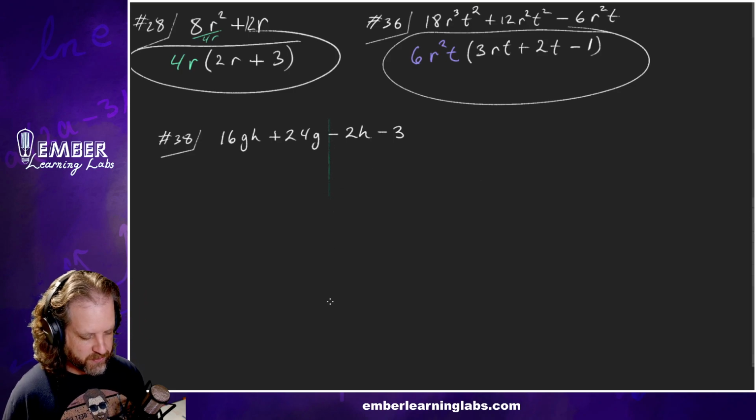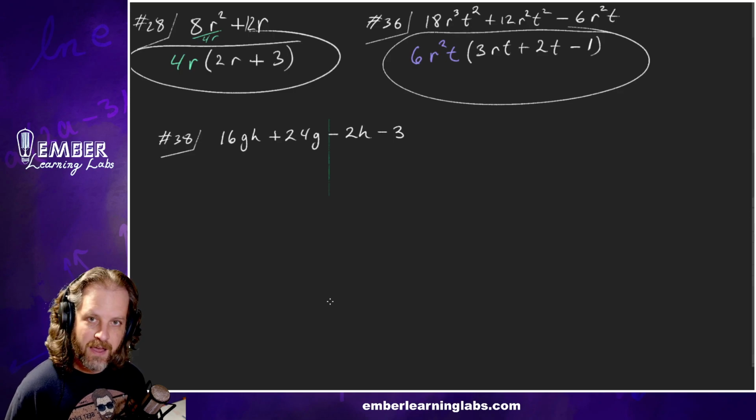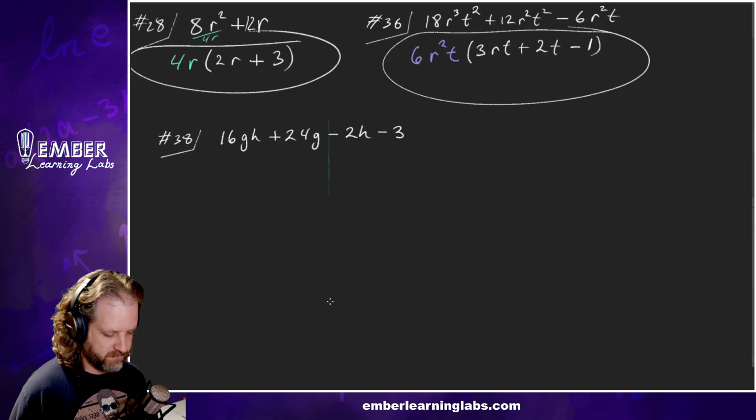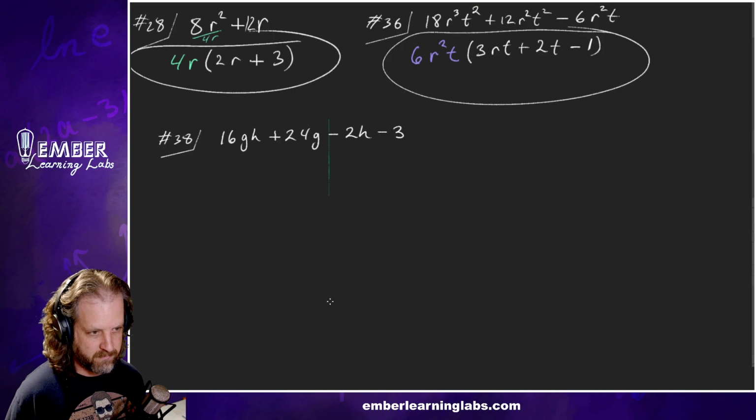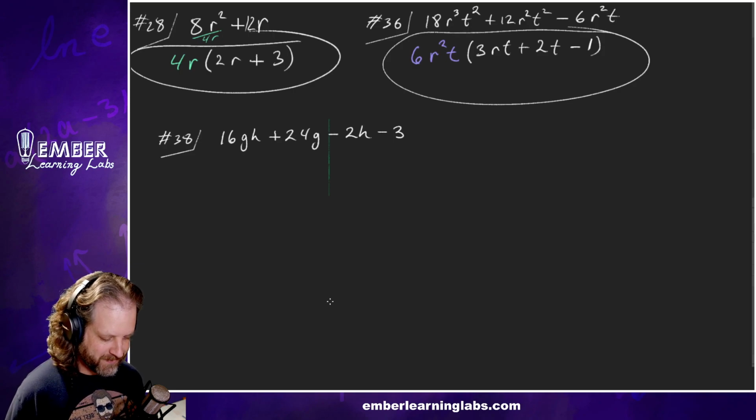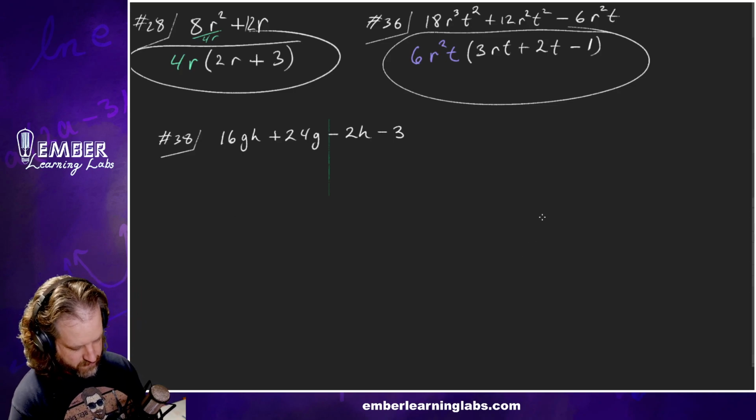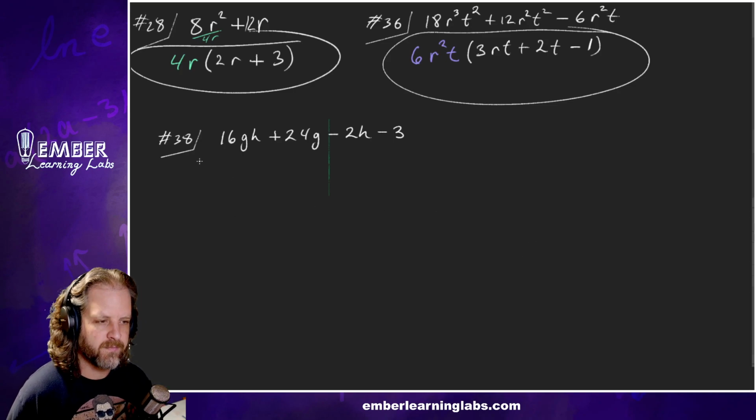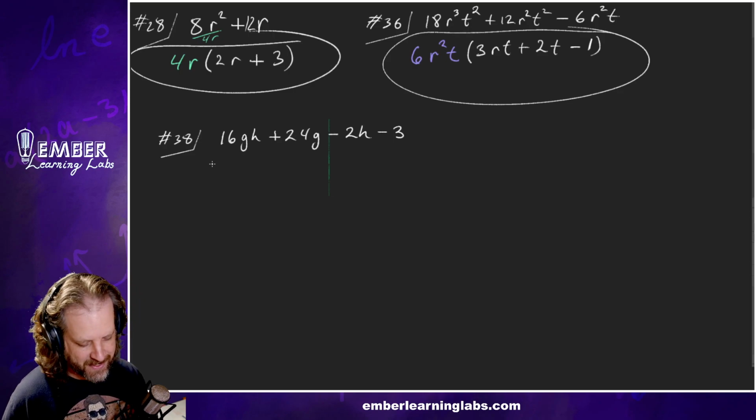Draw a line in between them. And then what? Find the common factor in these is 8g. Is that what you're saying? Okay.